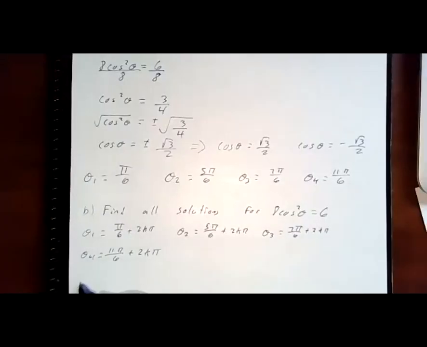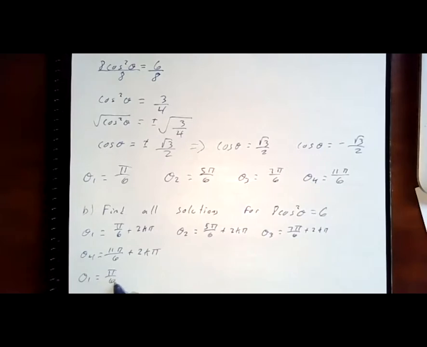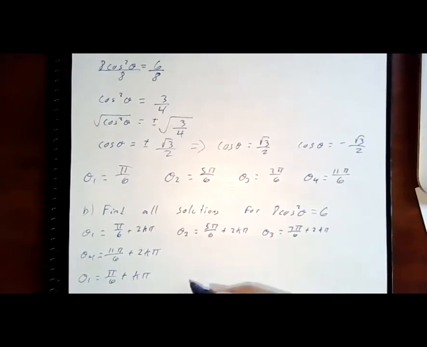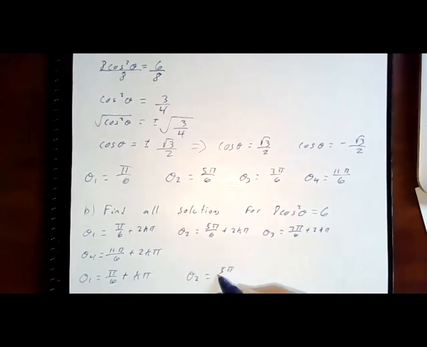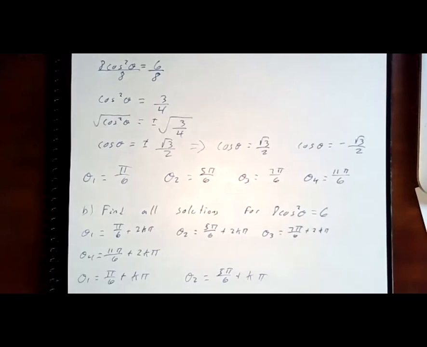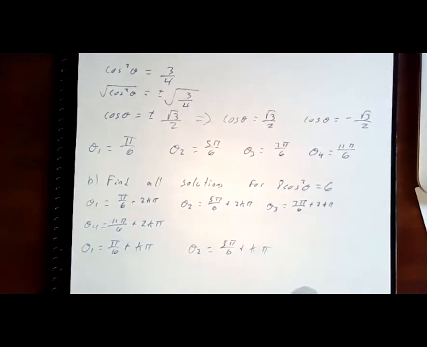I could say there's only really 2 answers. Pi over 6 plus k pi, right? And 5 pi over 6 plus k pi. Technically, both answers are right. Doesn't really matter.